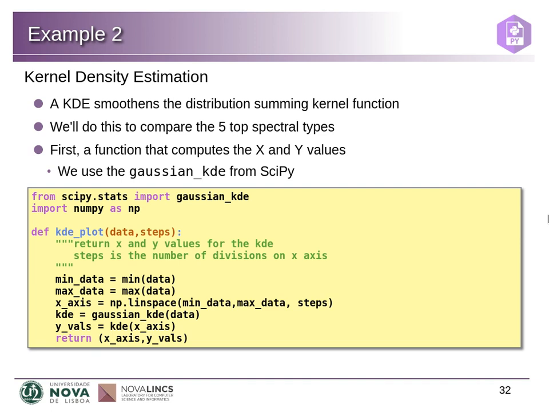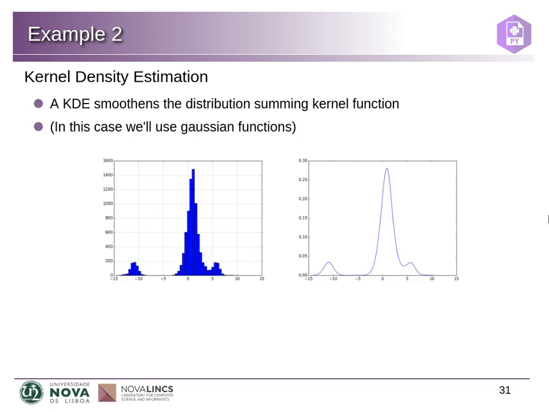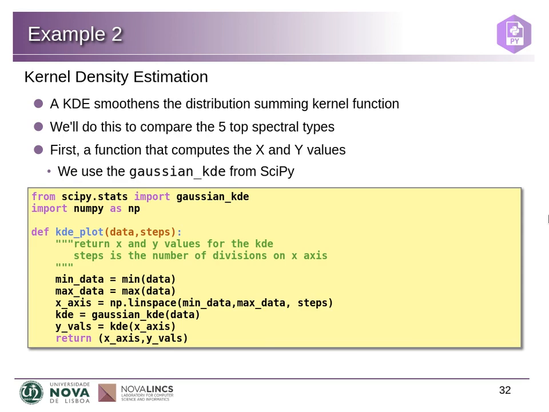And I'm going to get the minimum and the maximum of the data, then create the x-axis here, so one series of values that is uniformly distributed between the minimum and the maximum with the number of steps that was specified. So for example, I want 200 points. This would be the 200 steps.